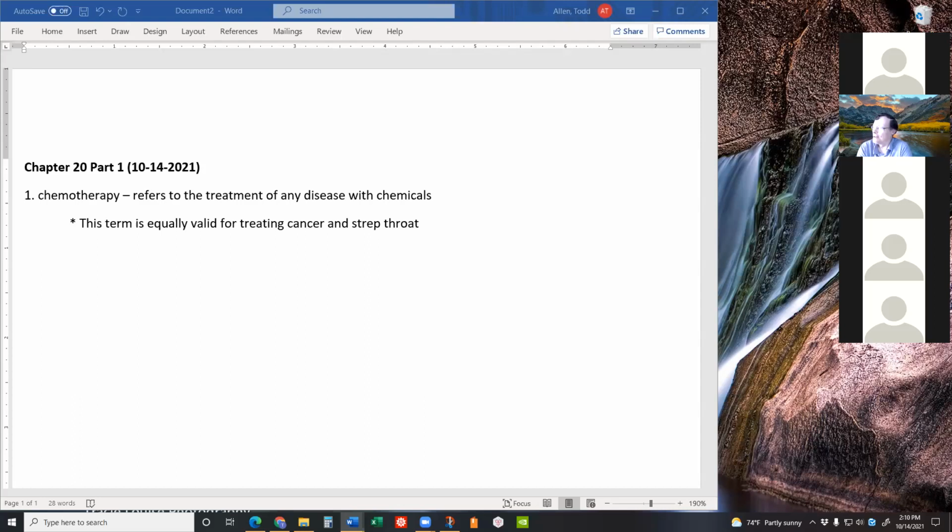I'm teasing you. I don't really want you to get sick, but these things do happen, typically associated with sporting events. Okay, folks, so we now know what chemotherapy is. This is a term that's valid for treating cancer and strep throat and even athlete's foot.